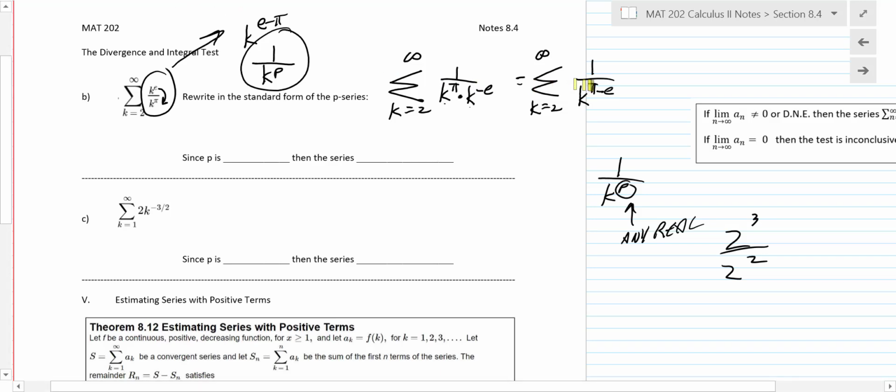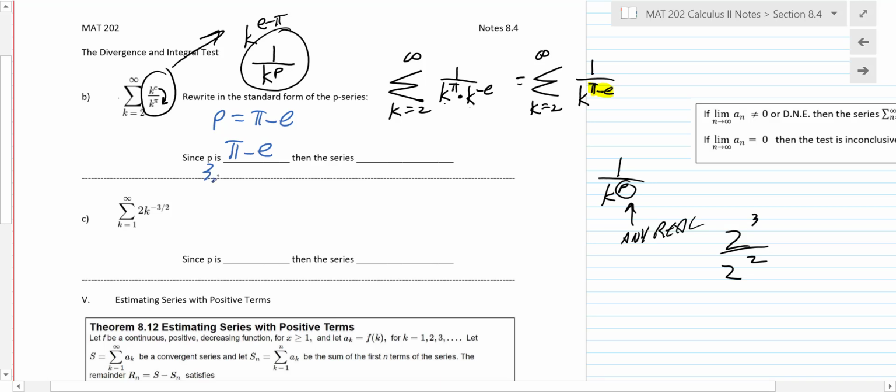So now we see it's a p-series, and p is what I highlighted. So p is equal to pi minus e. What do you have to do on a p-series? All you got to do is figure out whether p is greater than 1. If it is, then it converges. Don't go jumping for your calculator.